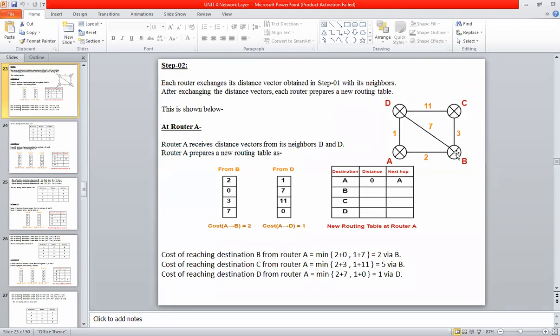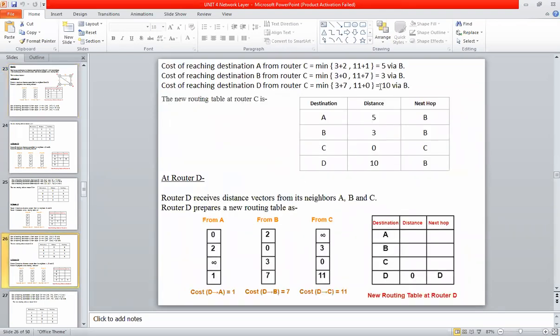C to B is 3 plus 7, that becomes 10, which is the minimum, 10 or 11. So you have to consider 10. See here, 3 plus 7, 10, comma, 11. So 10. Same numbers you have to update in this.